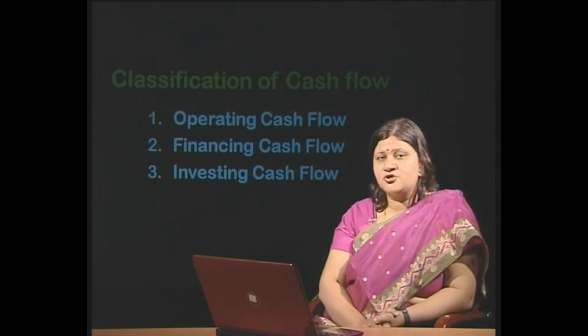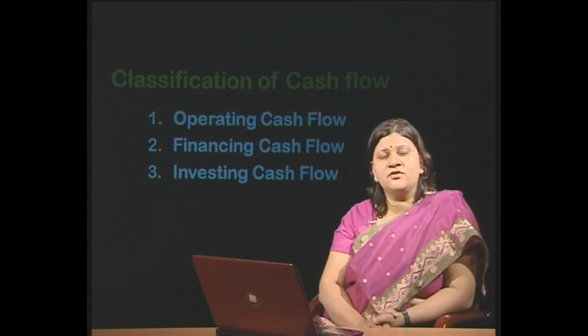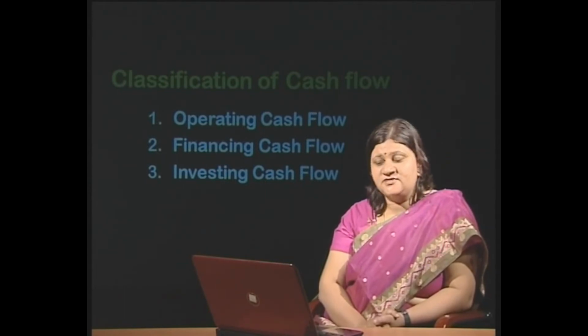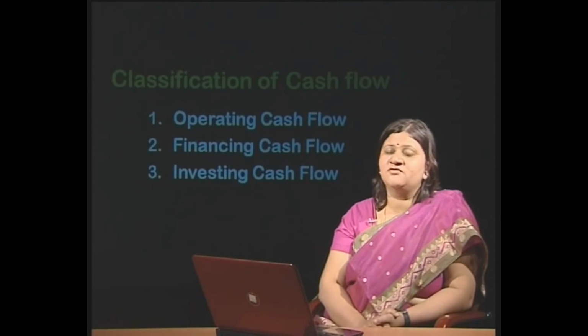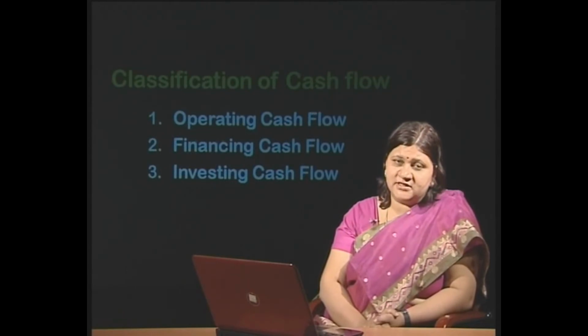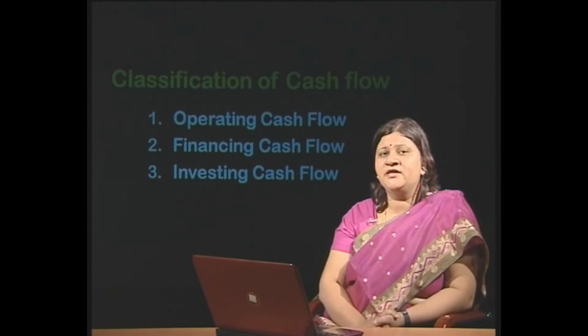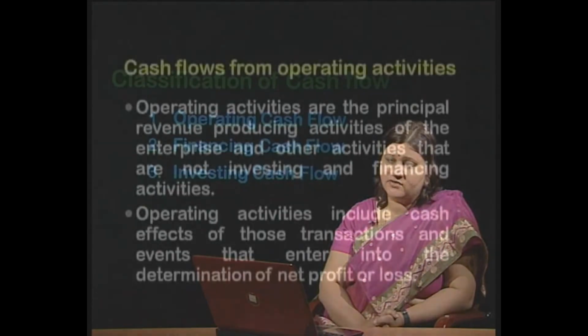Now a question comes to our mind: what do we mean by these three different types of cash flows, what shall constitute operating cash flow, how financing cash flows would be generated, and what shall come under investing cash flows. We will take them up one by one and learn in detail with the help of examples to understand very clearly the nature and meaning of all these types of cash flows.